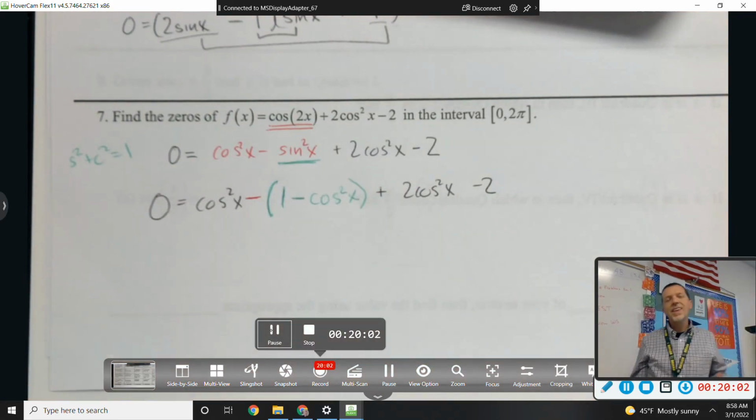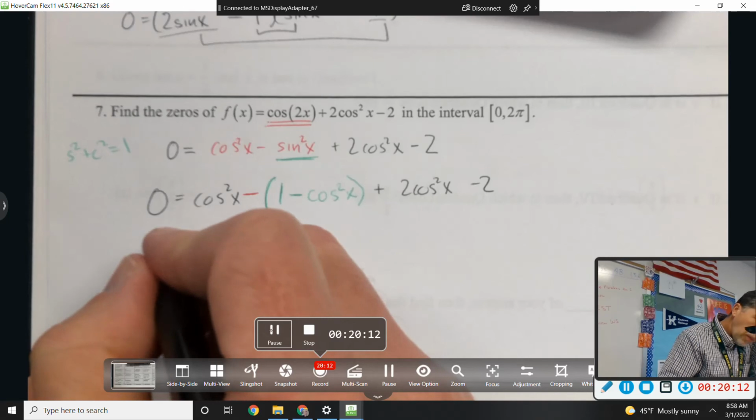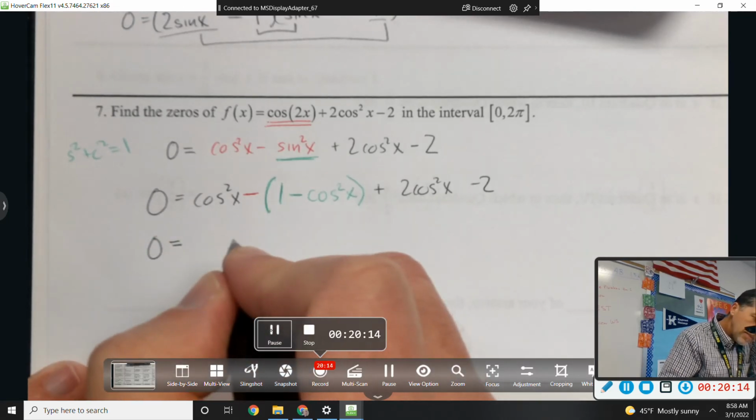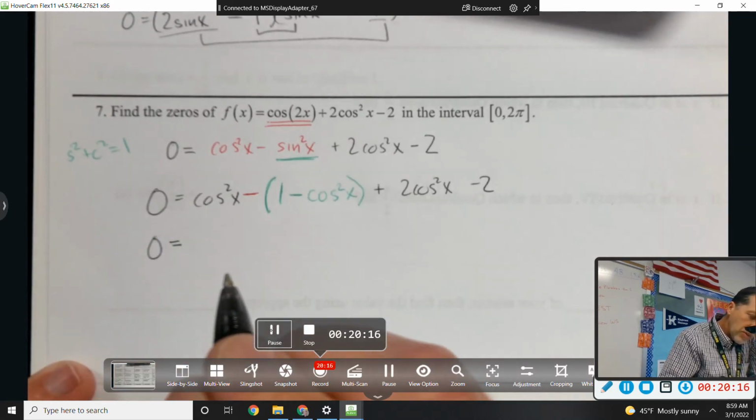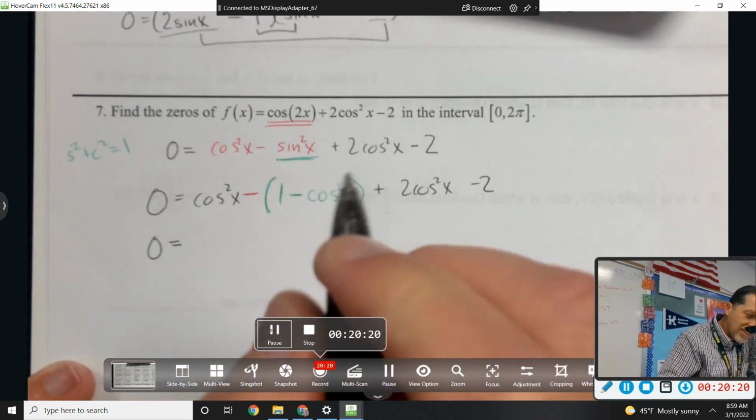Again, these problems aren't hard. You know everything you need to know to do them. It's just there's a lot going on. How many algebra steps can I skip at once? Some classes say all of them.